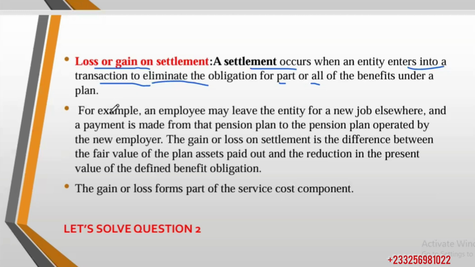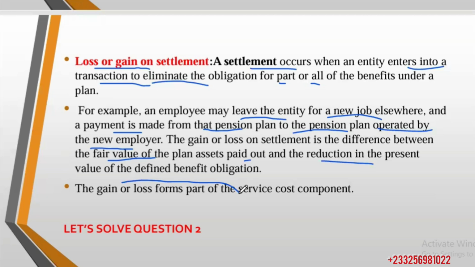It says, for example, an employee may leave the entity for a new job elsewhere, and a payment is made from that pension plan to the pension plan operated by a new employer. The gain or loss on settlement is the difference between the fair value of the plan asset paid out and the reduction in the present value of the defined benefit obligation. So I've talked about this as the loss or gain on settlement, right?